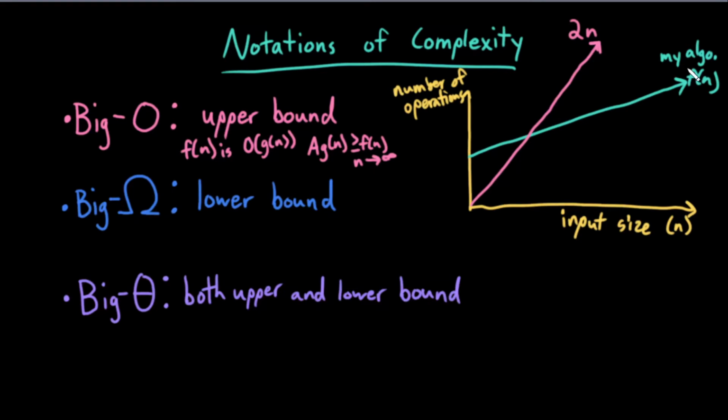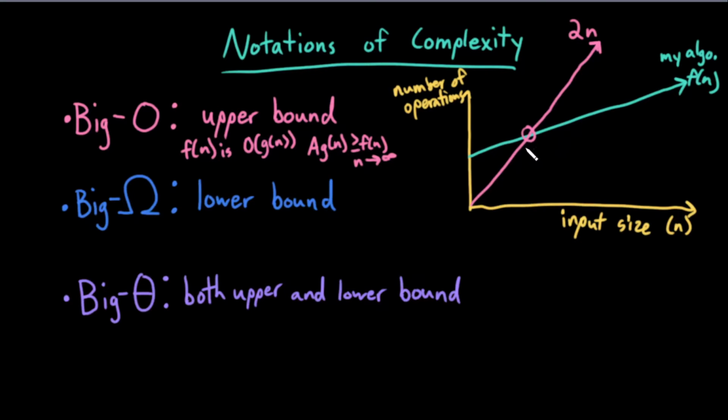All big O cares about is that at some point, this point right here, my g of n times a constant, so g of n is just y equals n, times a constant, which is 2, is an upper bound from some point towards infinity.